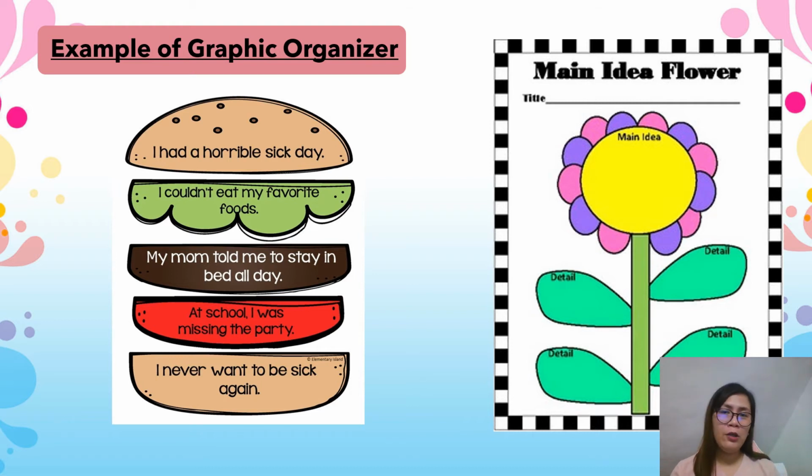And if you look at the other side, there is a graphic organizer in the form of a flower. So on the flower itself, it contains the main idea, while on the leaves, you will see the label detail. So you can write as many details as you have. This is just an example of presenting your understanding of a reading text that you have learned or read.